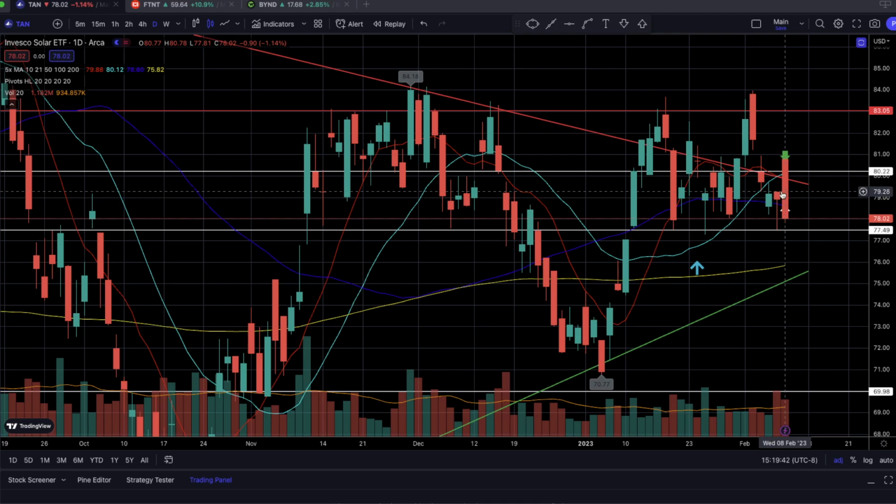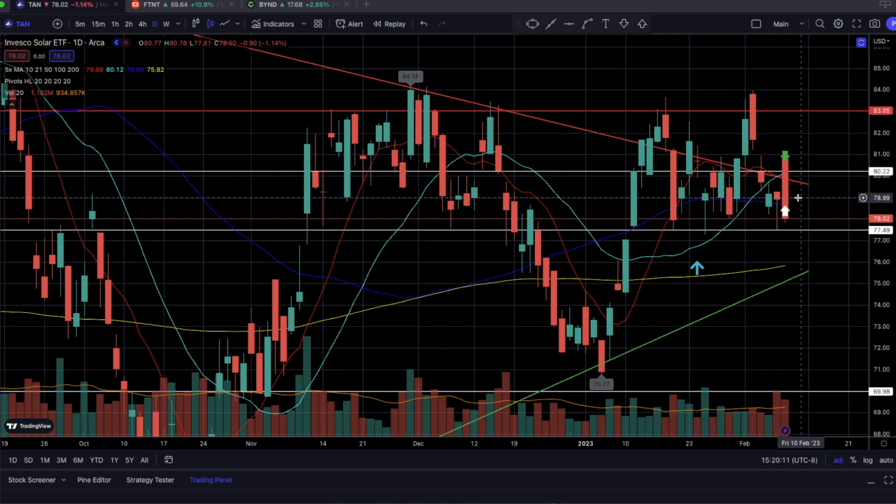Well, in the previous candlestick, we actually closed up and over the 50 SMA. So that led me to believe that we can also again hold above the 50 SMA and possibly bounce back to this critical level of daily resistance at $80. And also, the daily 50 SMA was sitting in close proximity to $79.